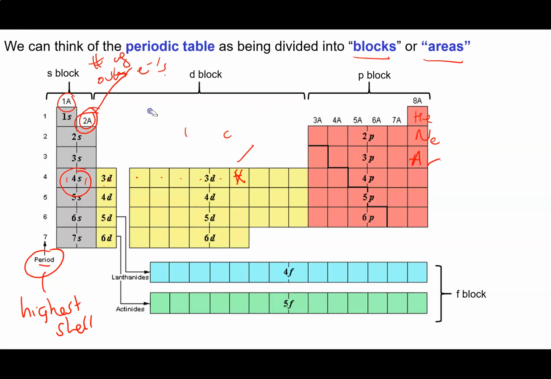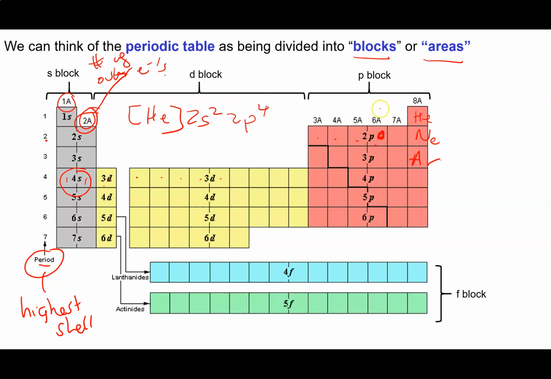So let's do another one. If I wanted to write the electron configuration for this element here, I would write the symbol of the preceding noble gas in square brackets. And then I would say, okay, so this is 2s1, 2s2, and then this is 2p1, 2p2, 2p3, 2p4.